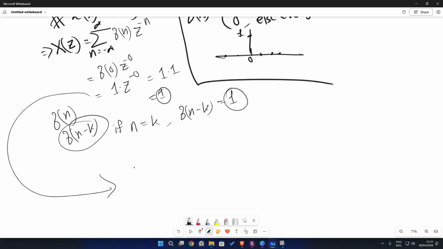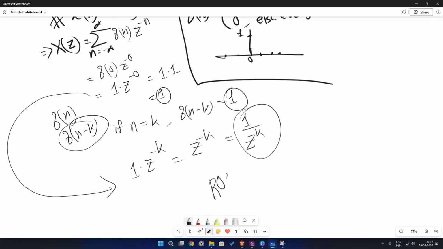So the solution will be 1 into z^-k, or 1 by z to the power k. This is the answer, and the ROC will be the entire z plane except 0. How? If z is 0, then it will be infinity, and this is invalid for this purpose. So the answer is the entire z plane except 0.